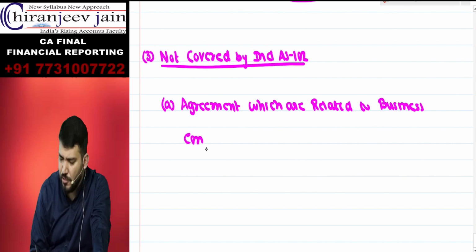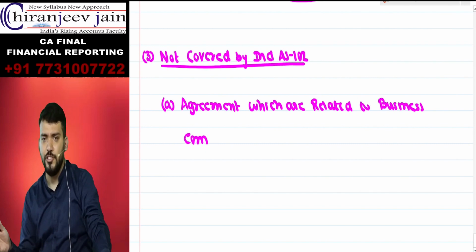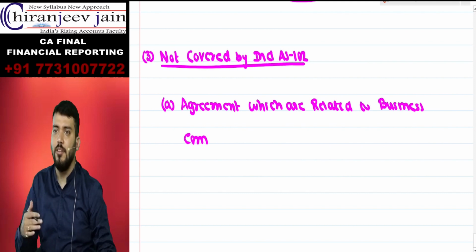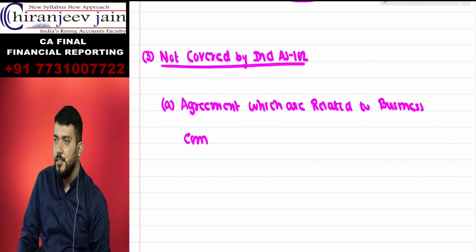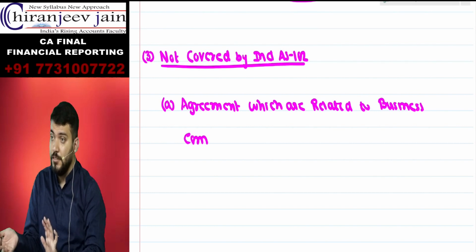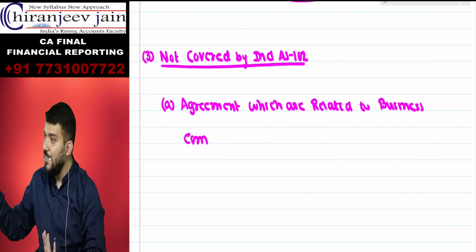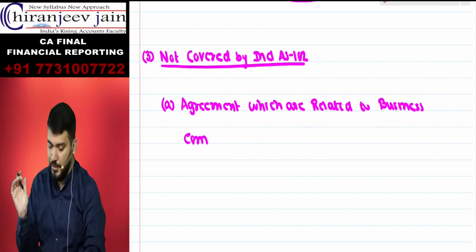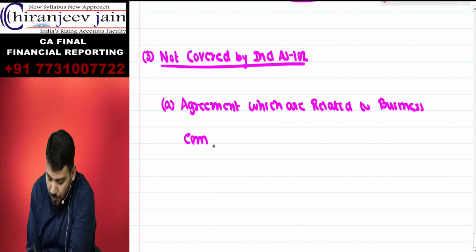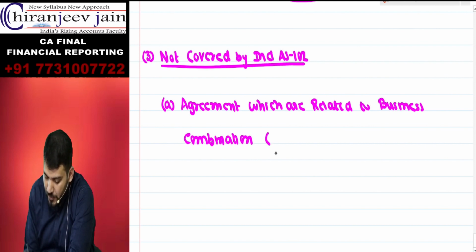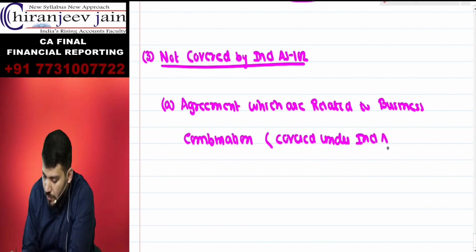So in a business combination, one entity will issue equity shares and some goods are received only. If there was no Ind AS 103, it would fall under Ind AS 102 only. So they have specifically excluded it because it is covered under Ind AS 103.